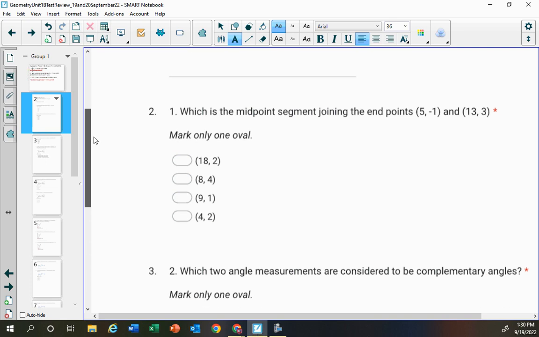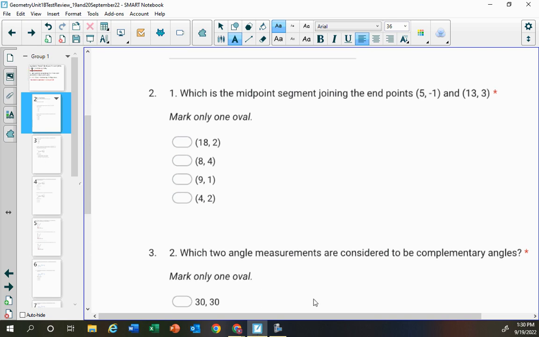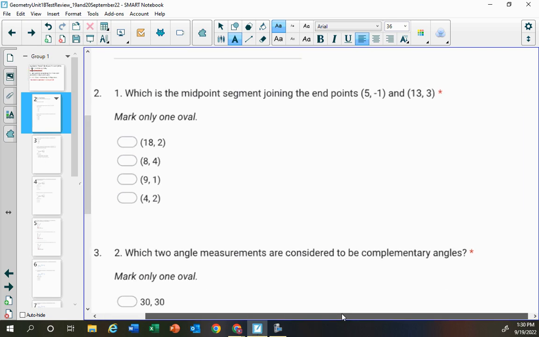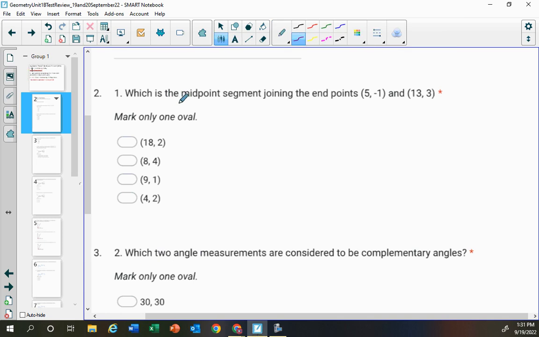All right, so here's what's going to happen. The first problem that we do is midpoint. We just talked about midpoint last time. What I would do is label x1, y1, or you can do x2, y2, it doesn't matter what's first.